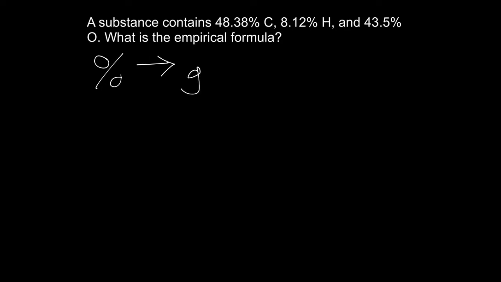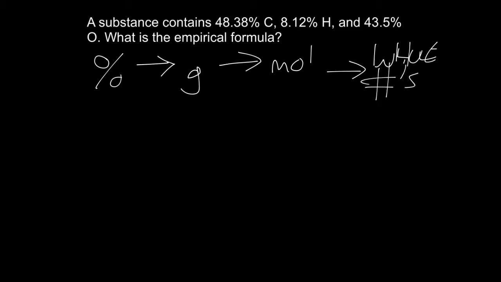They all add up to 100%, so you can just say you have a 100 gram sample. So percents become grams, and then eventually you have to convert grams to moles. And the last step is to get it into whole numbers. Okay, so that's the first series of steps you want to go through on here.